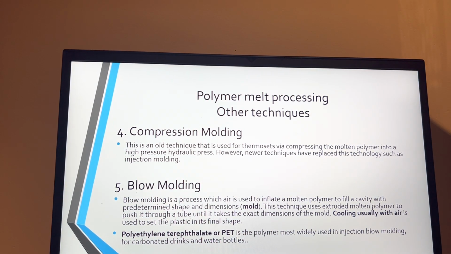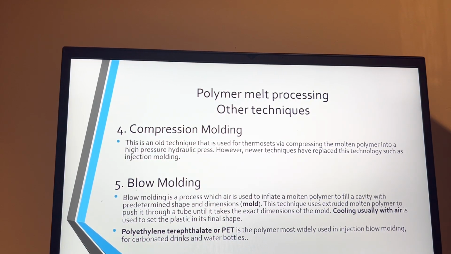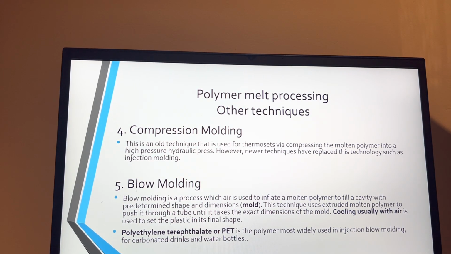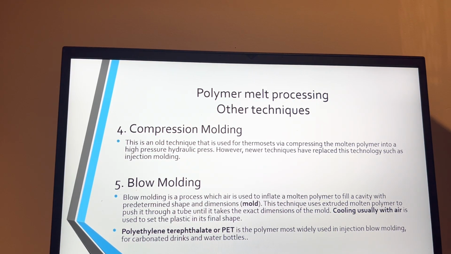Blow molding is a process where air is used to inflate a molten polymer to fill a mold, after injecting molten polymer into a cavity with predetermined shape and dimensions, which is called a mold. This technique uses extruded molten polymer, pushing it through a tube until it takes the exact dimensions of the mold.